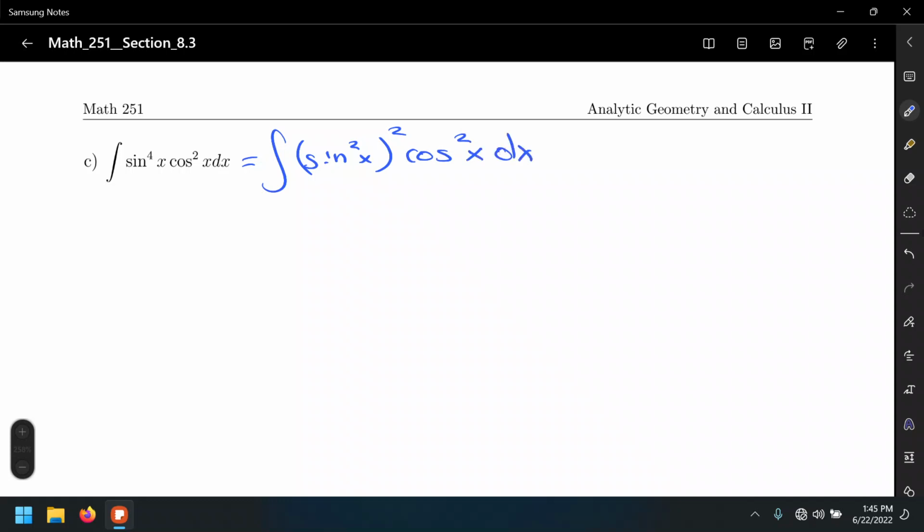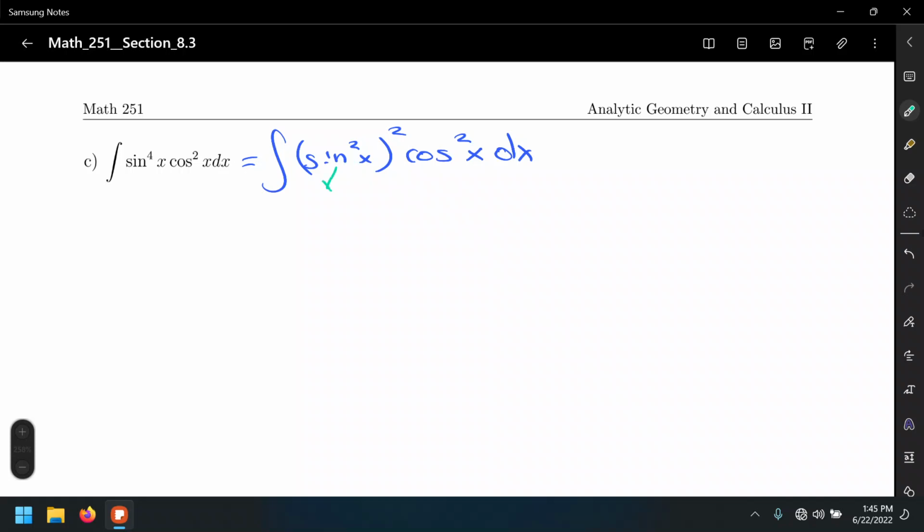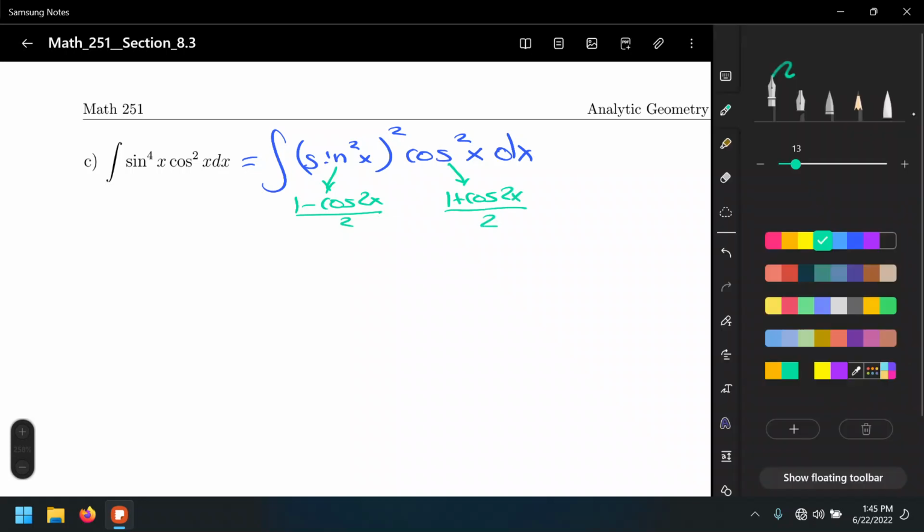All right, so from here, this is equivalent to 1 minus cosine 2x over 2, and this is equal to 1 plus cosine 2x over 2, which is what I'm going to replace with in the next step.